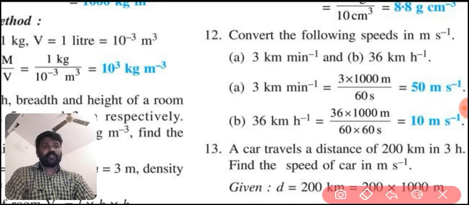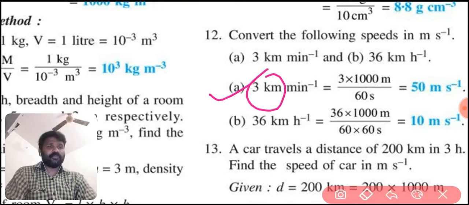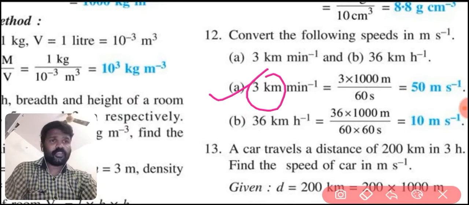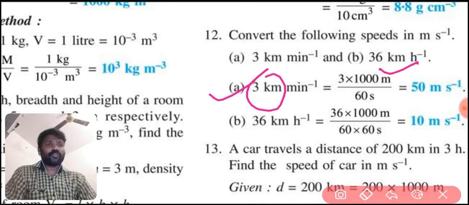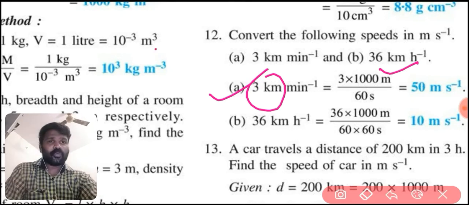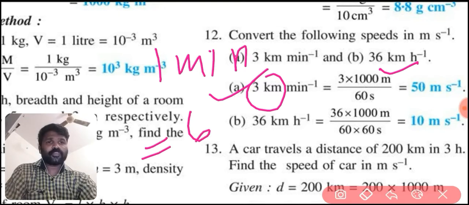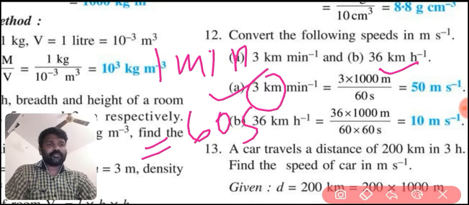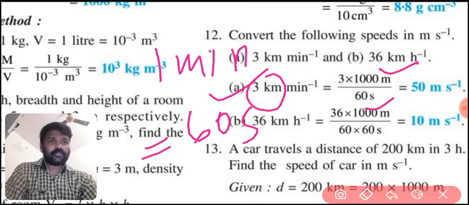Okay, students. So first of all, we are going to discuss the first question A, 3 kilometer per minute. How to do? We know that 3 kilometer is equal to 3000 meter, that is 3 into 1000 meter. 1 minute is equal to 60 seconds. That can be written here.